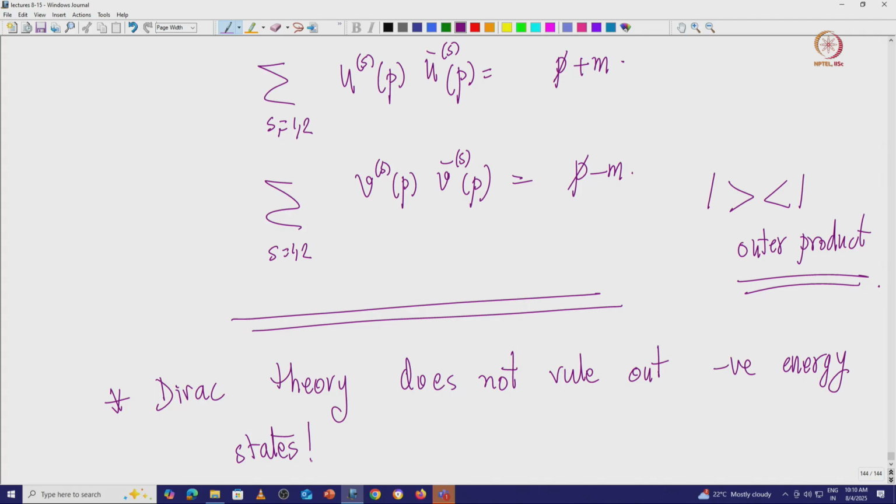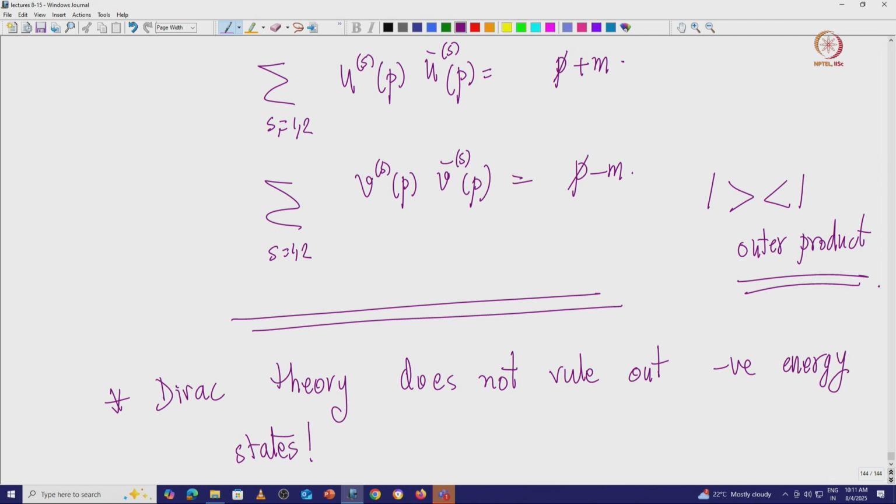In fact, Dirac theory started off by saying that negative energy states should not be there, but the norm of the probability density should always be positive. But in spite of that, you still have negative energy states because the Dirac equation is a representation of the Lorentz group.